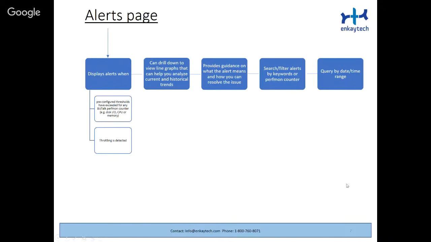The next page that I'm going to show is the alerts page. Basically, alerts are when certain thresholds that we configured earlier are exceeded. So, for example, if we have thresholds that say that if the SQL disk I/O is slower than 15 milliseconds, we'd like to see an alert, because Microsoft typically recommends your disk reads and writes should be really fast, because this stack is highly transactional.